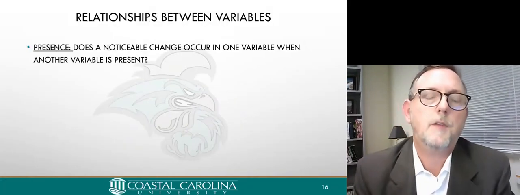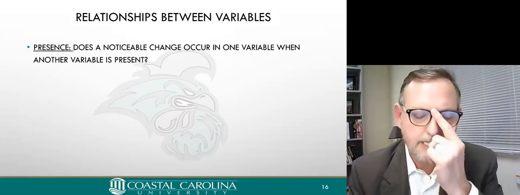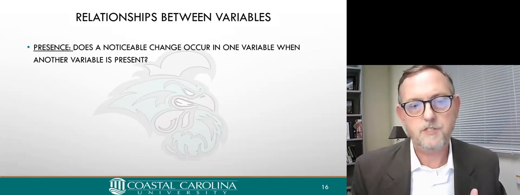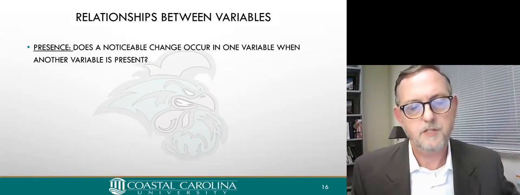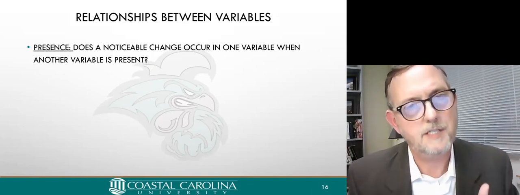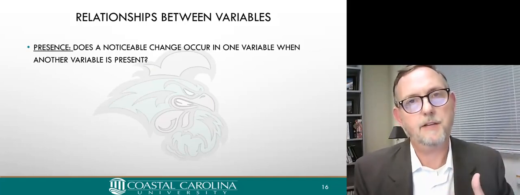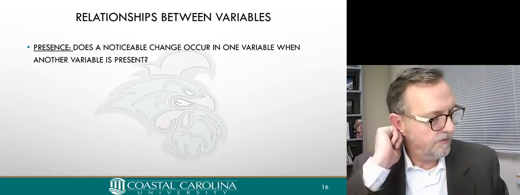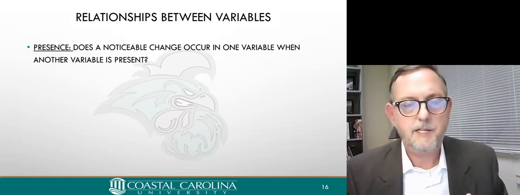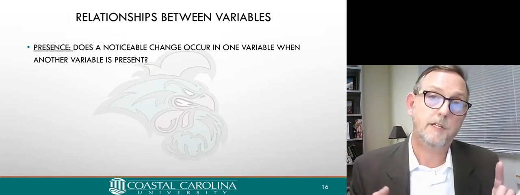First thing, presence. Especially when we talk about causation, when one variable moves and the other variable moves, they can't be related unless they're in the presence of each other. So when two things happen together, they're in the presence. For instance, maybe we increased advertising spending and sales went up during the same period.